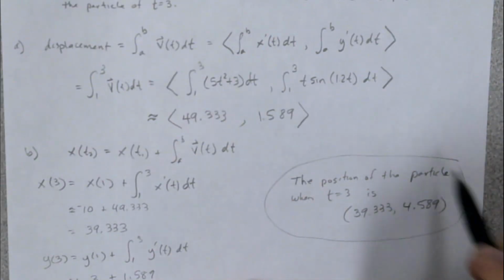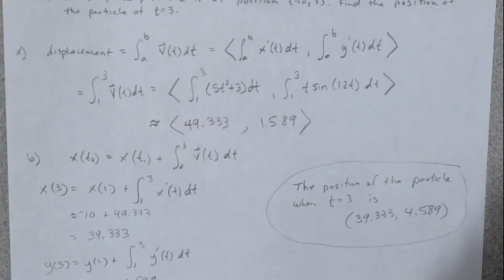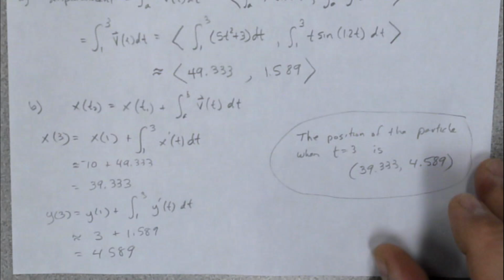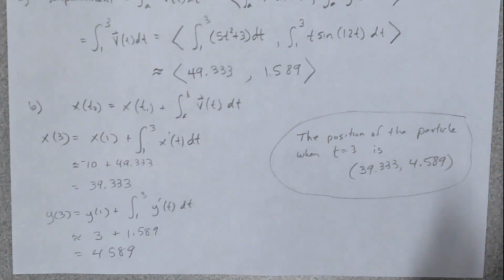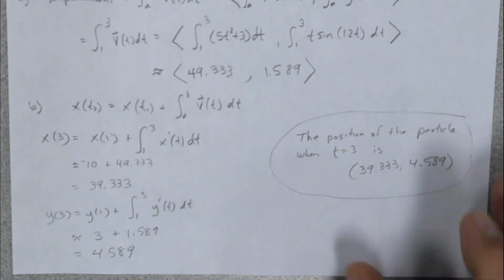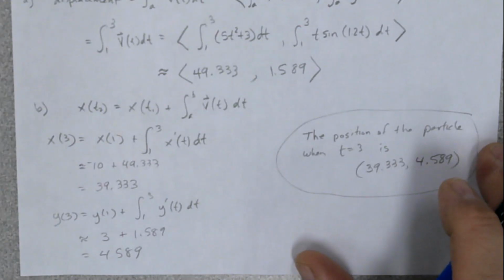You want to make sure that you write that statement out. Okay? So hopefully you got it right. If not, make sure we keep practicing and find out what you did wrong, and we go from there.